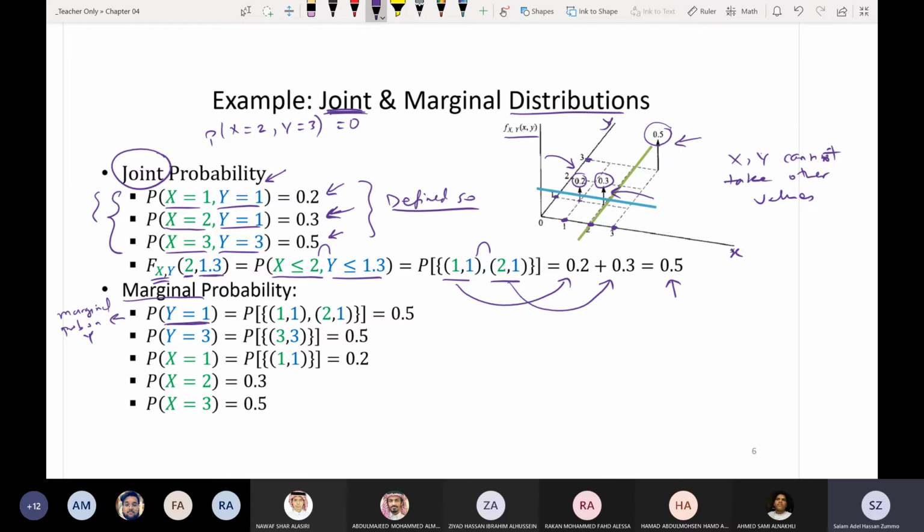So this is not a joint probability. This is only a marginal probability. Clear? So in order to find the marginal probability of y equals 1, I ask myself, when does y equal 1?